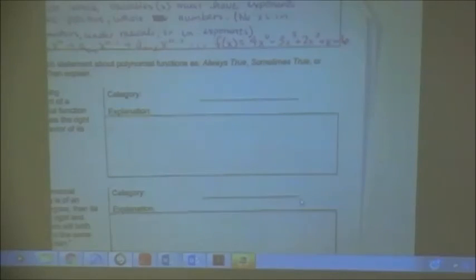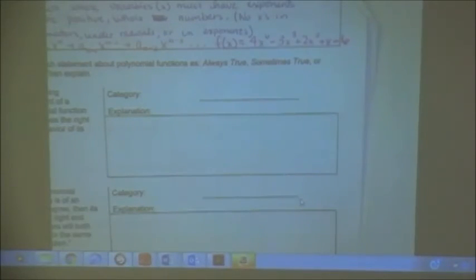Okay, so now they ask us to categorize these statements about polynomials as always true, sometimes true, or never true. The lead coefficient of the polynomial function determines the right end behavior of its graph. Well, yes, because it determines whether it's negative or positive.